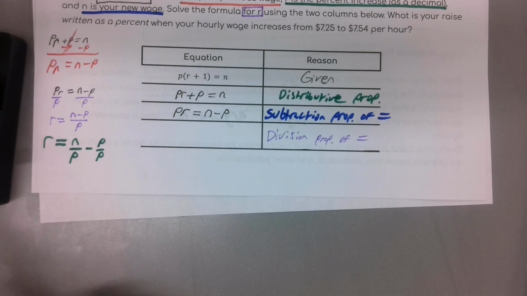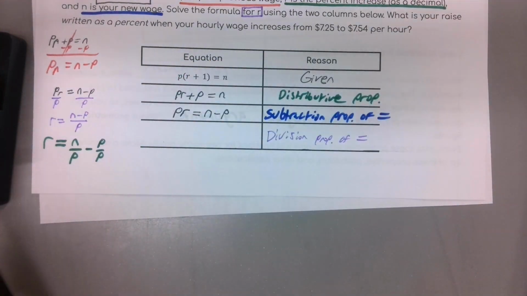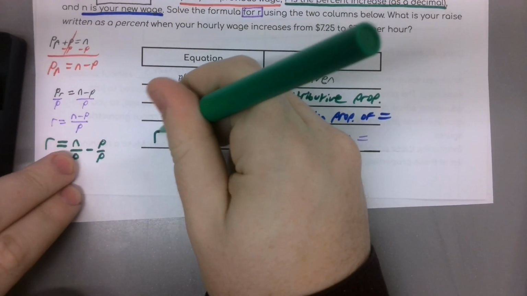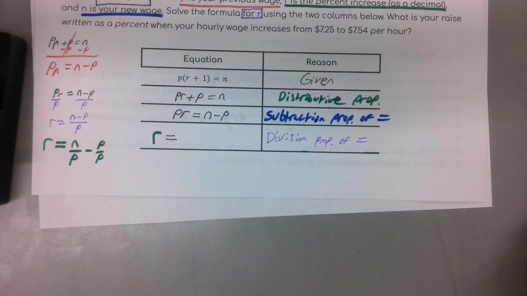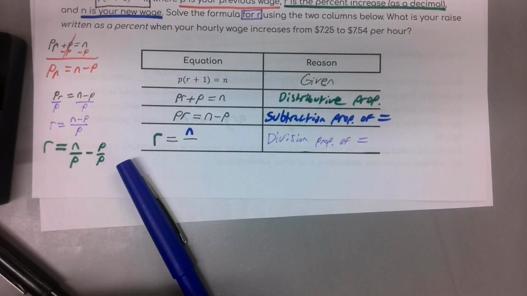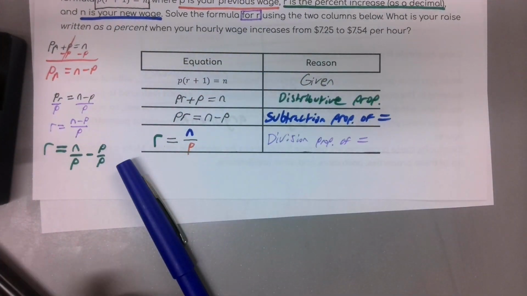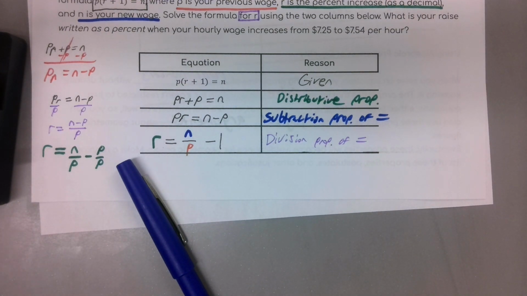Well, now we can simplify because P divided by P is just 1. Our equation here is R equals N divided by P minus 1. Done. Bam.